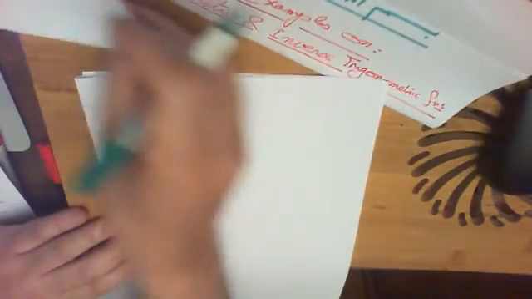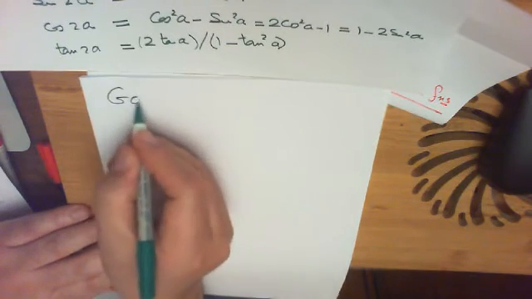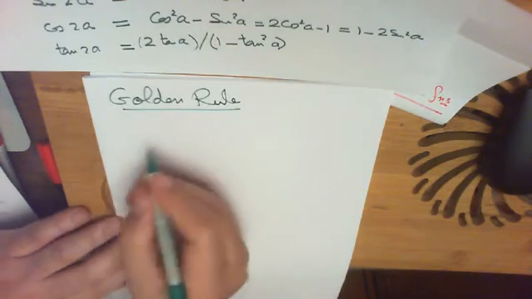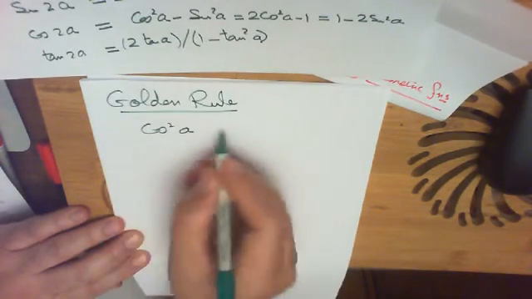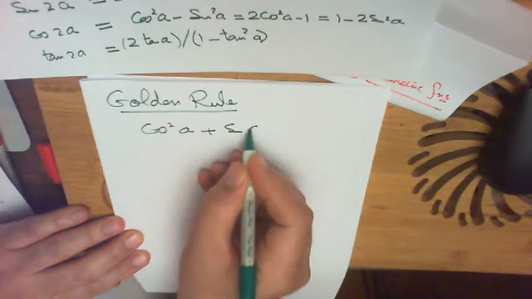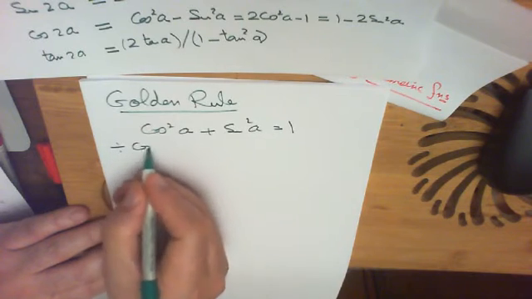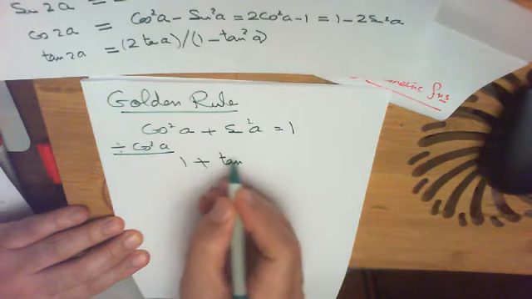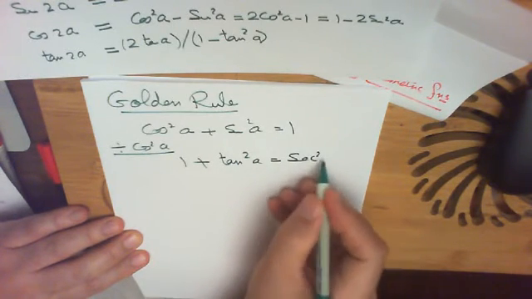Well, there is still one important thing in these trigonometric relations. If you remember the golden rule, cosine squared plus sine squared is 1. If we divide both sides by cosine squared, we obtain 1 plus tan squared equals 1 over cosine squared, which is sec squared.